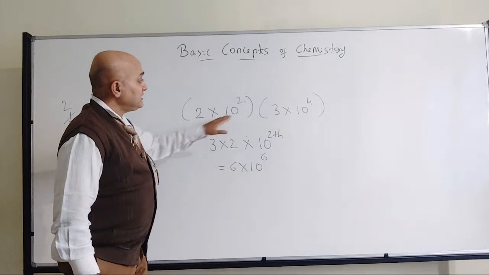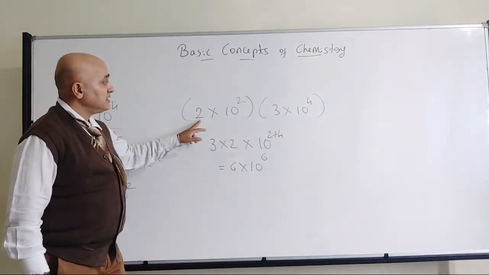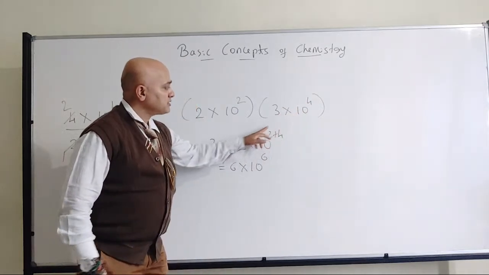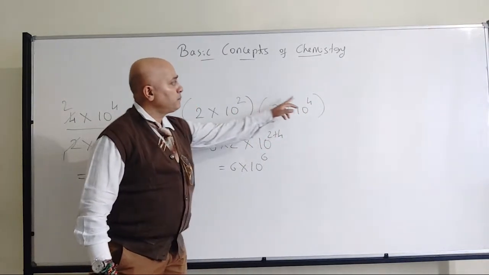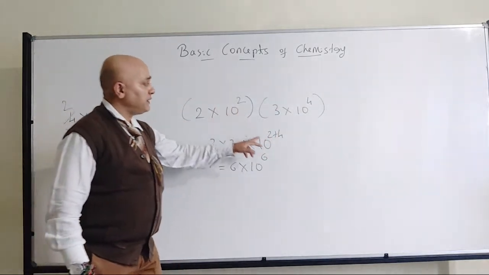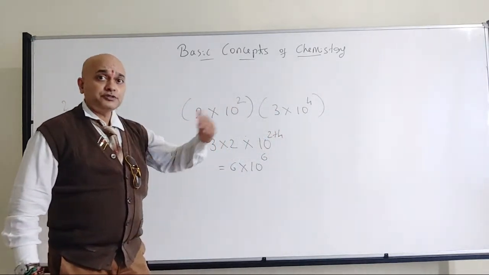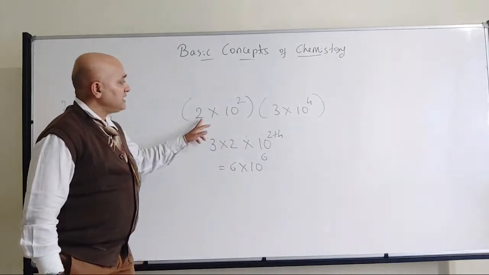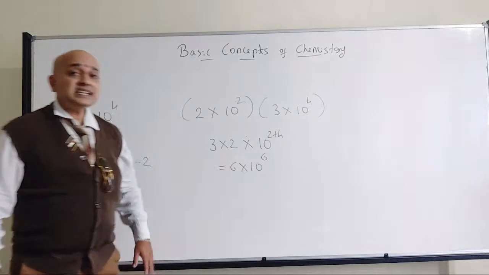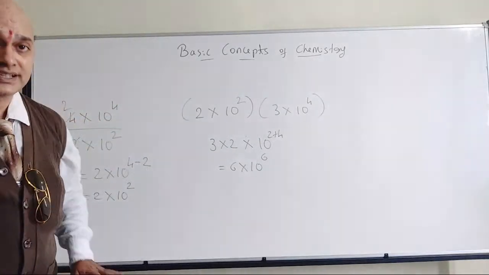So during that time, whatever scientific representation I have done will be solved like this, where 2 plus 4, I should make it as superscript value, I should add it up. And whatever is there, this one should be multiplied. So it will become 6 into 10 to the power of 6.